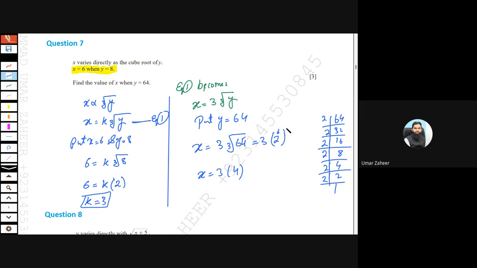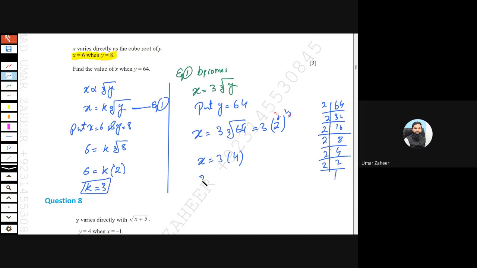And the cube root will become power 1 over 3, so we can cancel out the indices: 6 times 1 over 3 is 2. So 2 squared will be 4. If you're not able to find it directly, you have to use the prime factorization. Now 3 times 4 is 12. Anyone here who did not know how to solve the proportional questions? No, sir. All right, now you have to do the question.